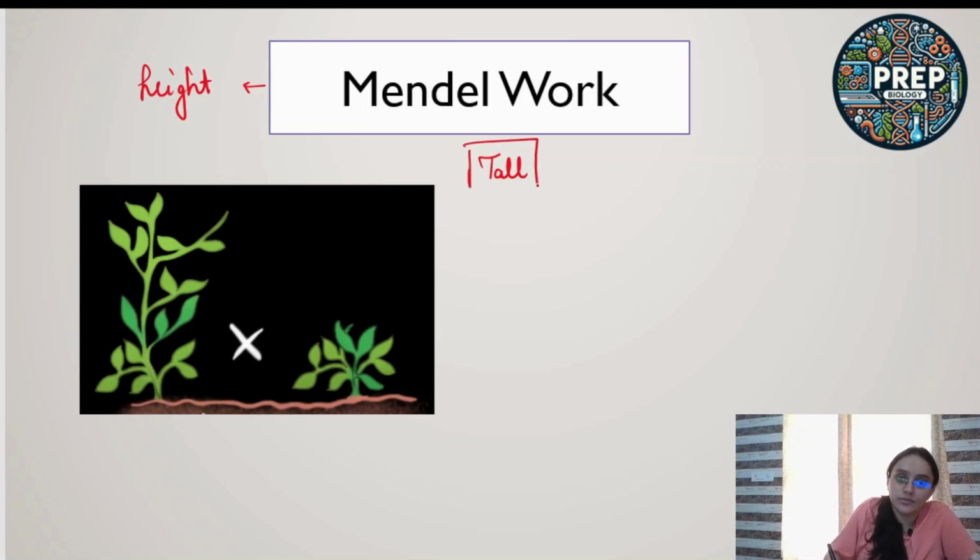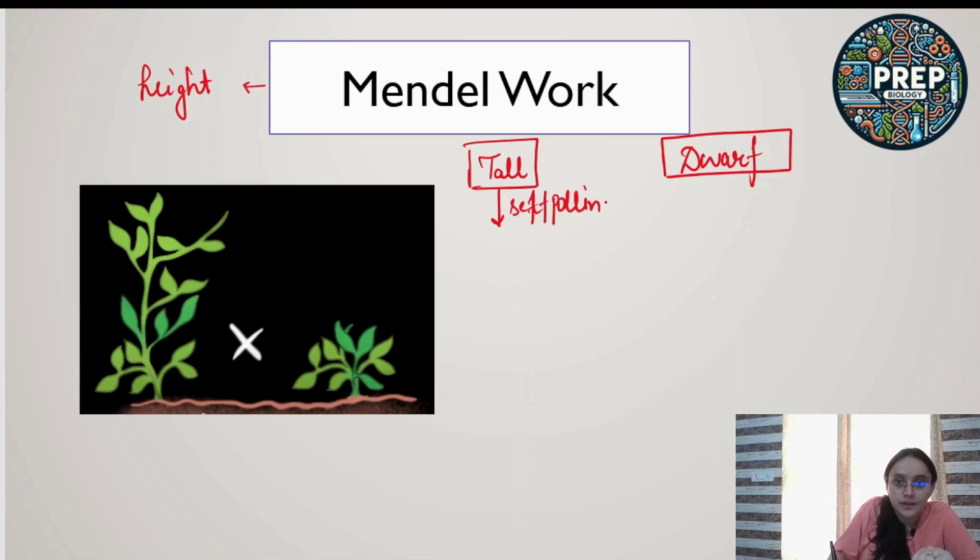The traits of the height of the plant are tall and dwarf. Dwarf is a short plant. So what did he do? He took the tall plant and the dwarf plant and self-pollinated the tall plant separately and the dwarf plant separately.